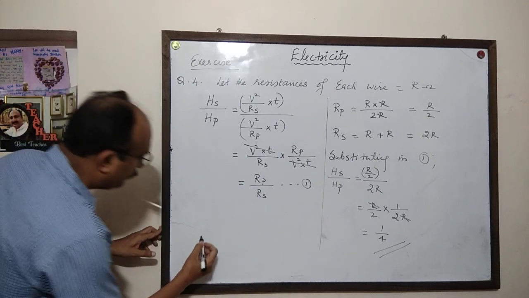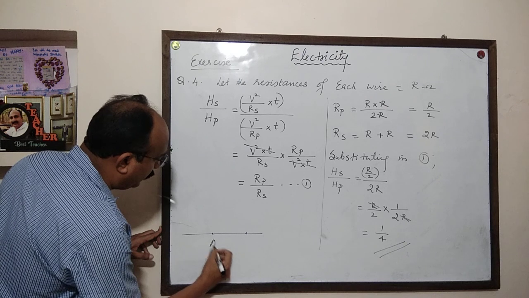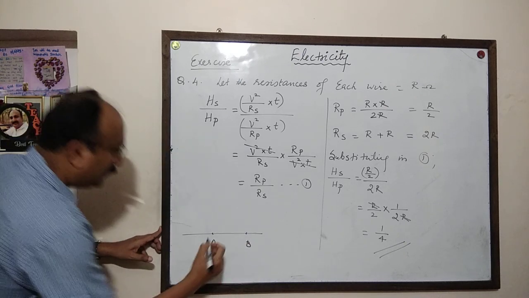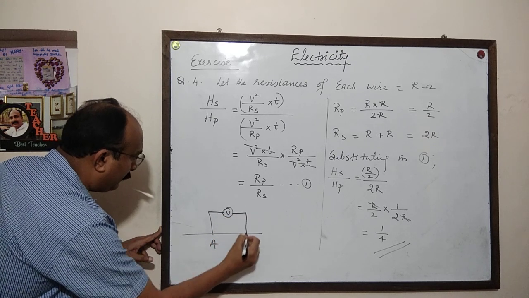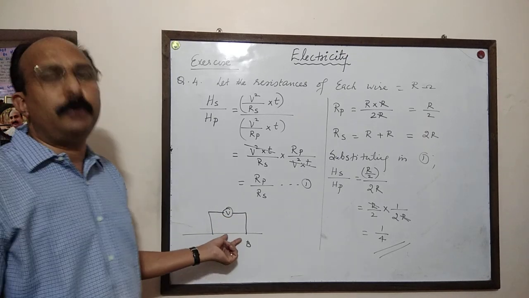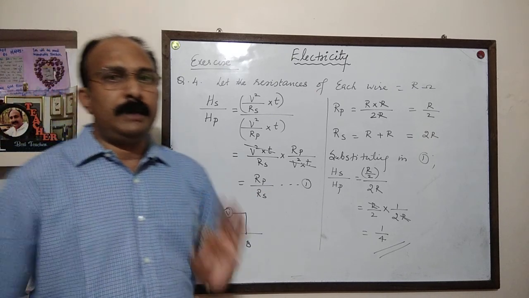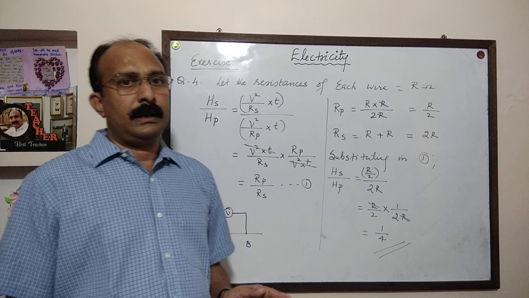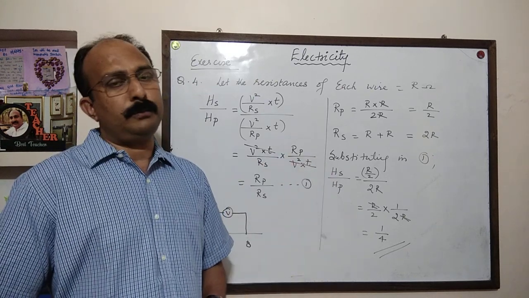For example, if you have to find the potential difference across 2 points A and B, then the voltmeter is always to be connected in parallel between the 2 points. So the answer is simple. Voltmeter is to be connected in parallel between the required 2 points.